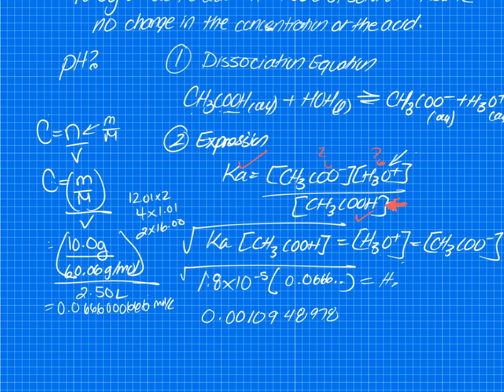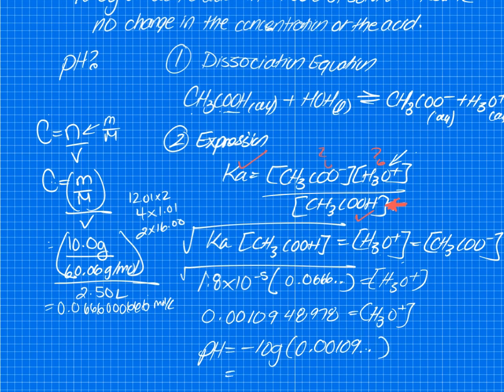Okay, so this is this. So that means now I could actually figure out the pH, right? By doing the negative log of... okay, so let's try that.